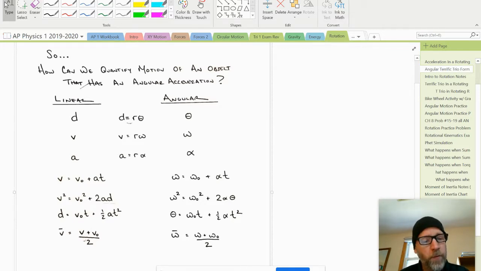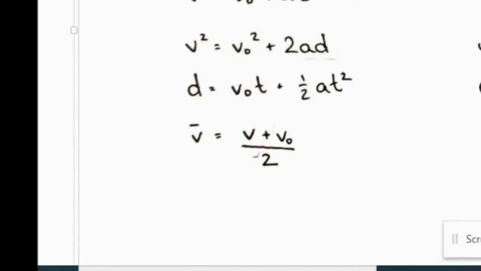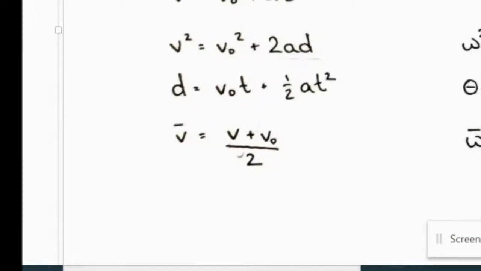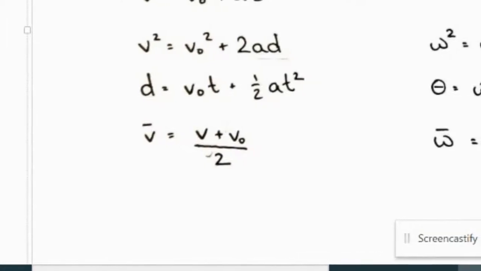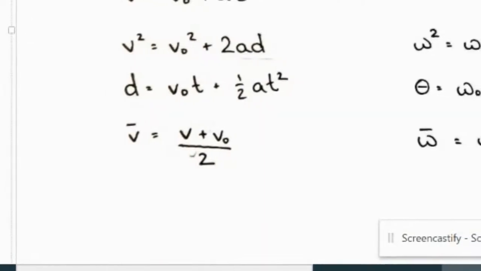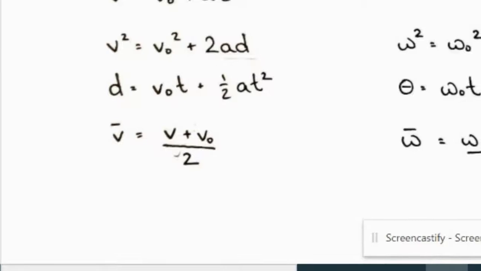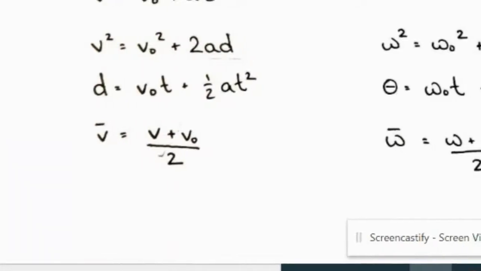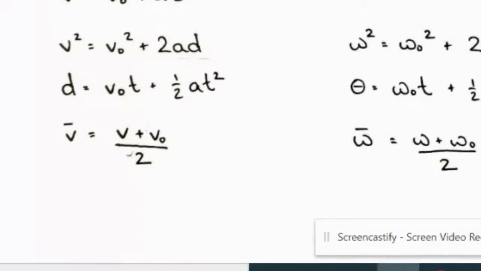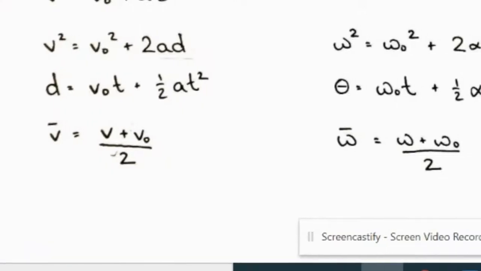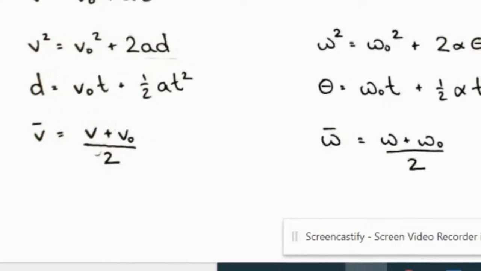The fourth one comes into play a lot in these problems: the average velocity is the final velocity plus the initial, divided by 2, if you have a constant rate of acceleration. The same thing is true for angular quantities: omega average equals the final plus the initial angular velocity divided by 2.